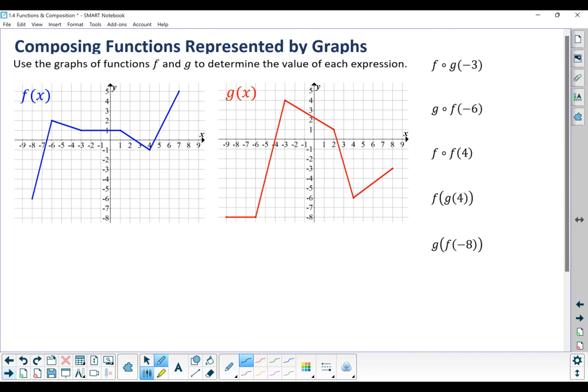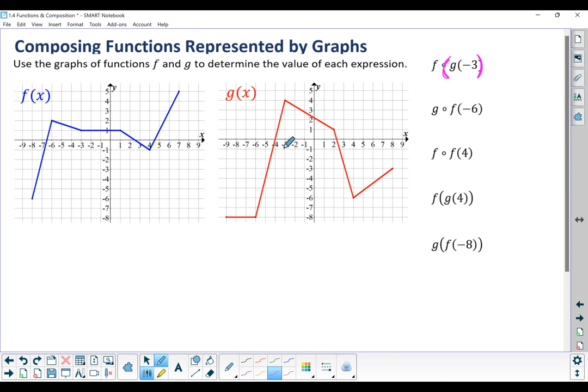Okay, so now we're going to do that same thing, except instead of having a table or an equation, we have a picture of the function. And these are some kind of interesting looking piecewise functions. So we're going to start with f of g of -3. So we think about g of -3 to start.